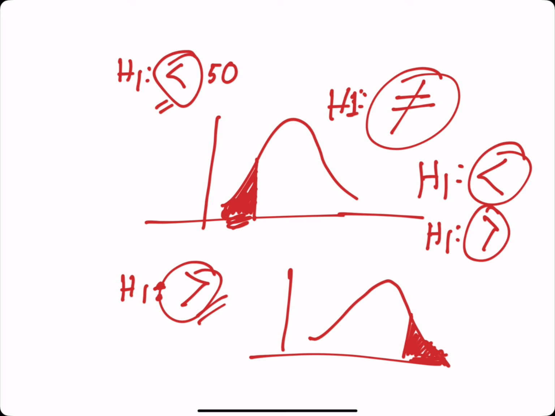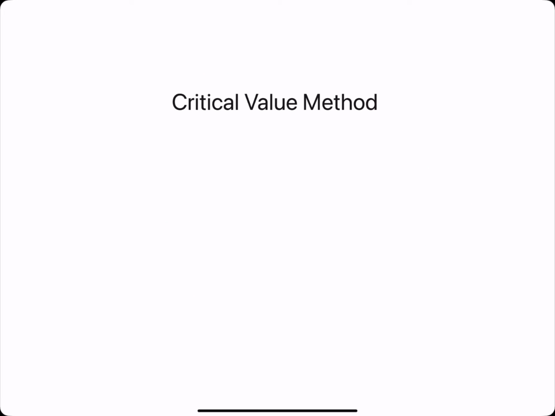Now, coming to the problem of whether to accept or reject the null hypothesis, we use a lot of methods, but let's first see the most commonly used method, which is the critical value method. The critical value method is a widely used approach in hypothesis testing to decide whether to reject the null hypothesis.